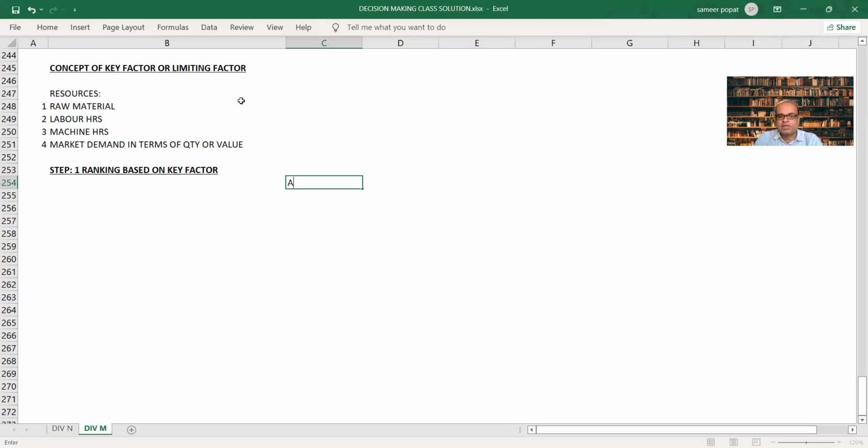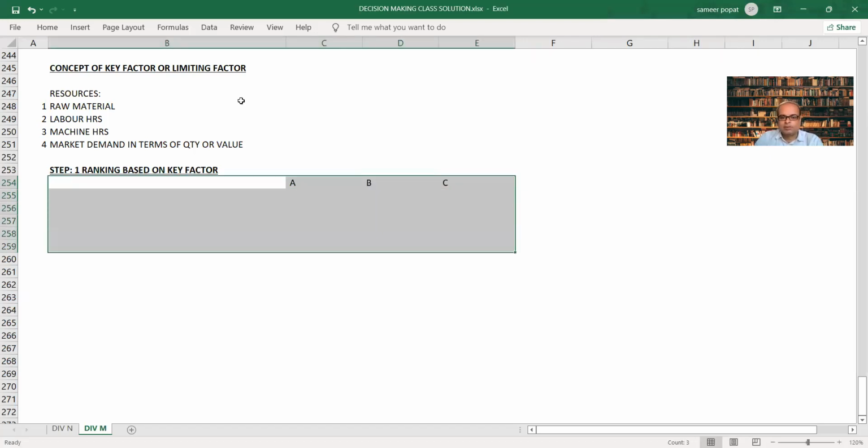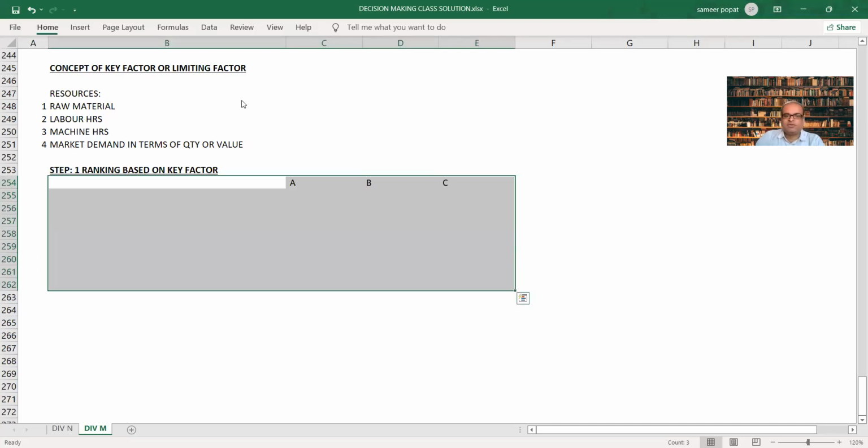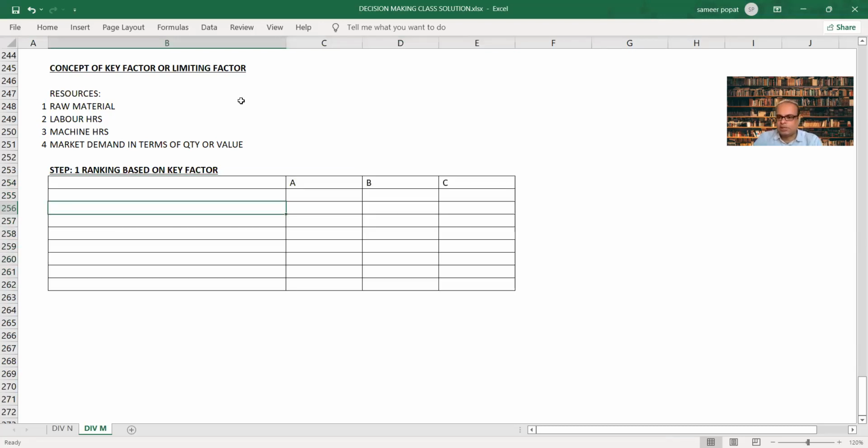Suppose there are 3 products A, B, and C, and these 3 products have been manufactured using the same raw material. It is assumed the key factor is raw material. We need to first find the contribution per unit of each product. Let us assume 20, 25, and 30 rupees is the contribution per unit of A, B, and C.